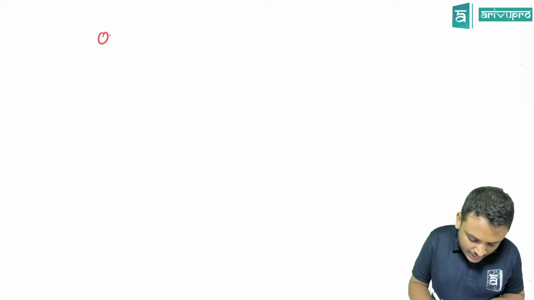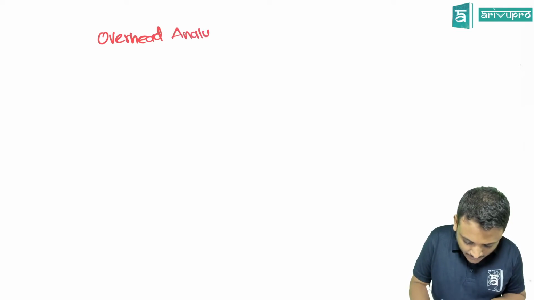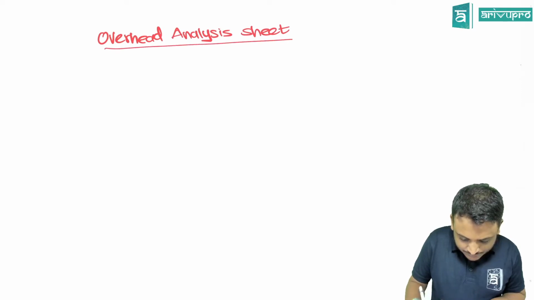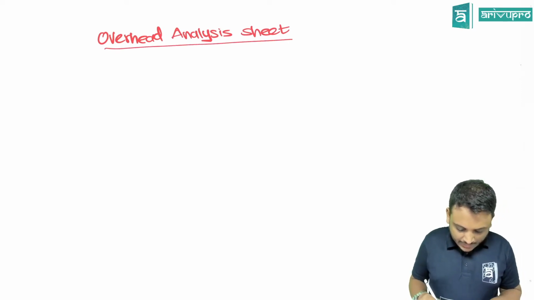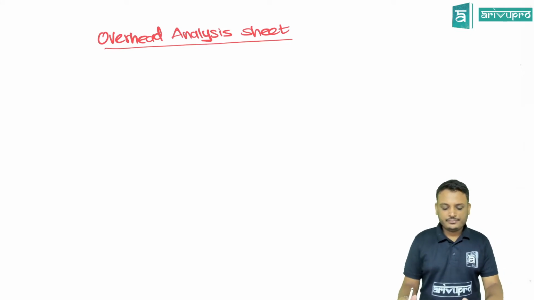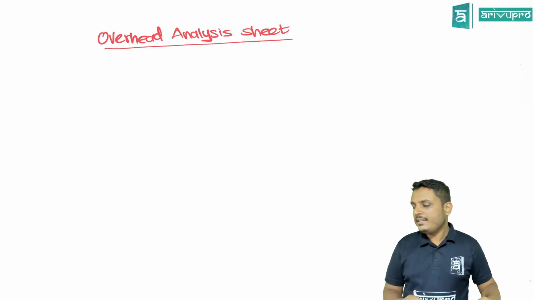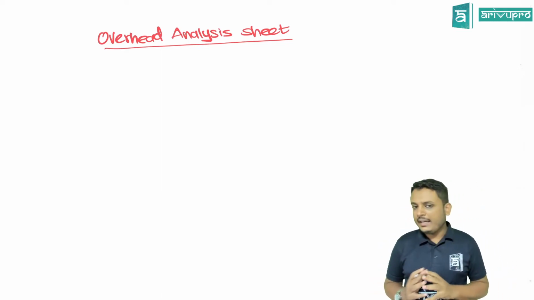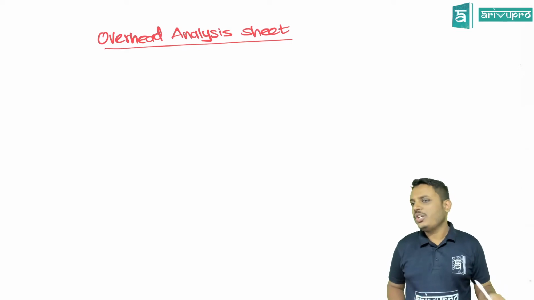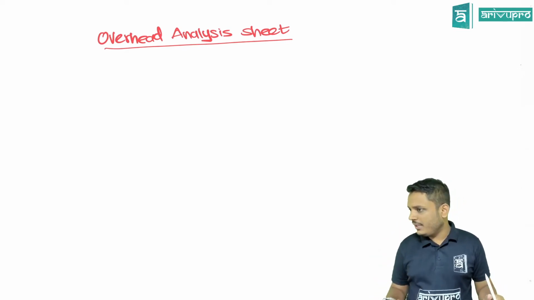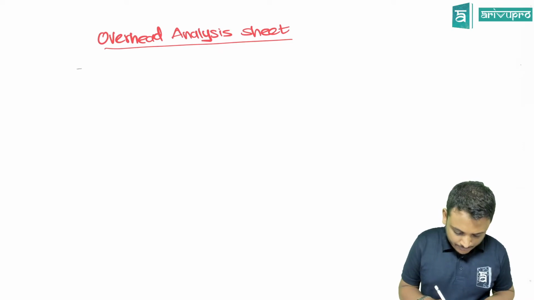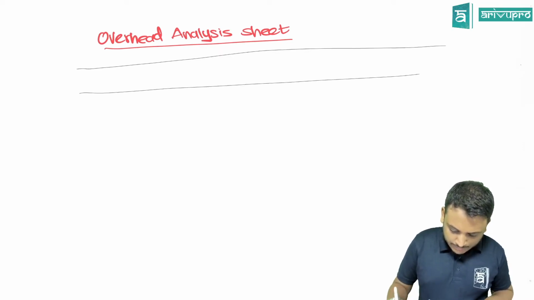First, write down a heading: Overhead analysis sheet. I'll draw an overhead analysis sheet. This format we generally use to follow all 5 steps. Don't copy now, I'll give time.